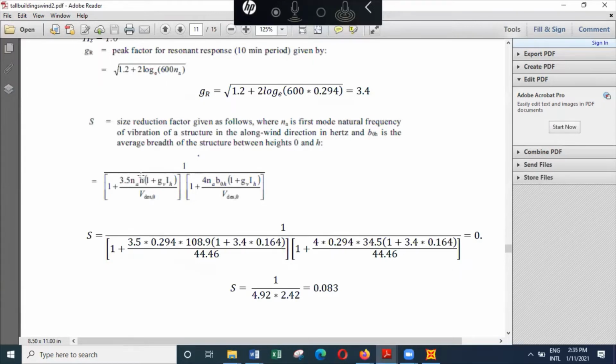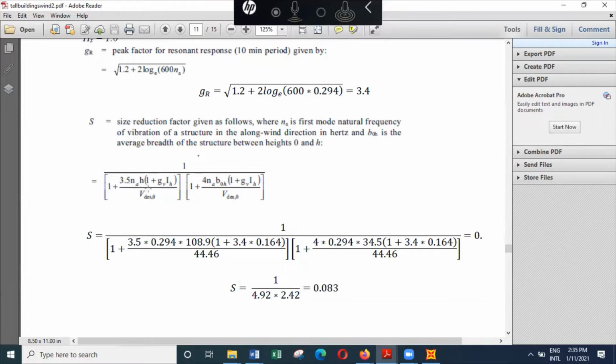Here you get the height of the building, here you get the breadth of the building, and it also depends on the velocity under which you are doing the calculation. So you get the velocity also in the same term.